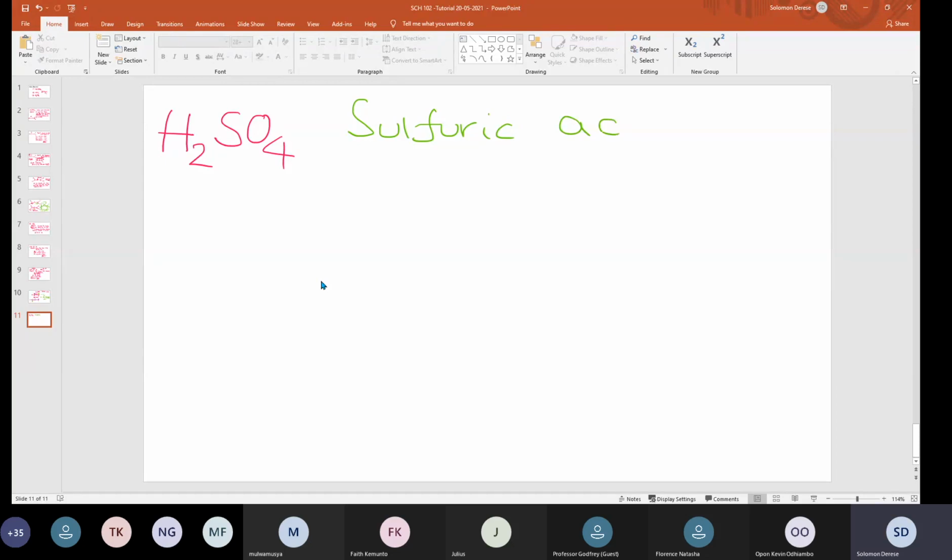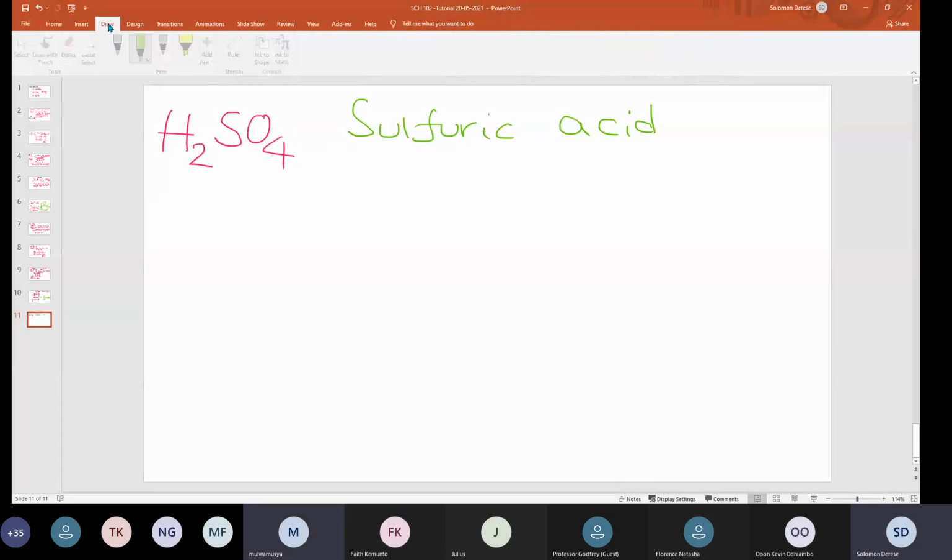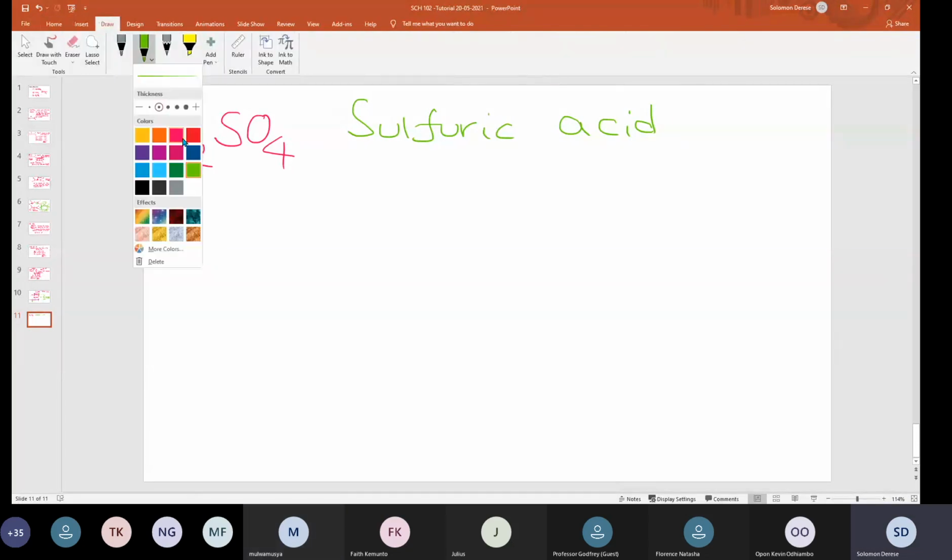But do you really know the structure of sulfuric acid? Do you really know? You only came to know about it because of SH102. So the Lewis structure is very, very, very important because sulfuric acid is a diacid. It has got two acidic hydrogens.